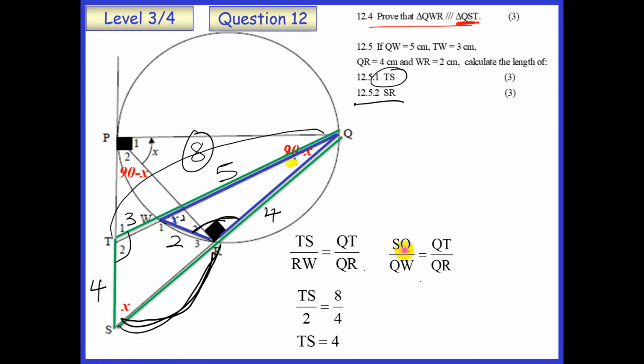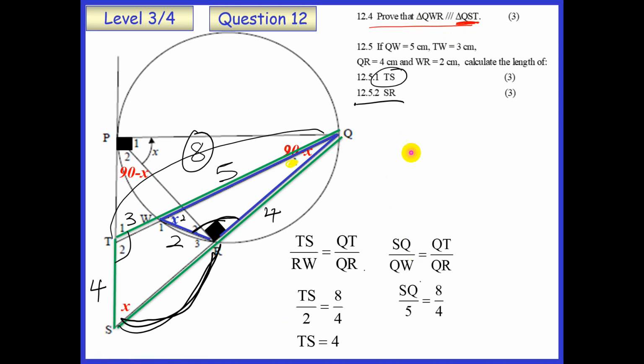Now, if you can't see it, I just want to go back. SQ over QW, and from the top, SQ over QW is equal to QT over QR. And remember, we have most of the sides.